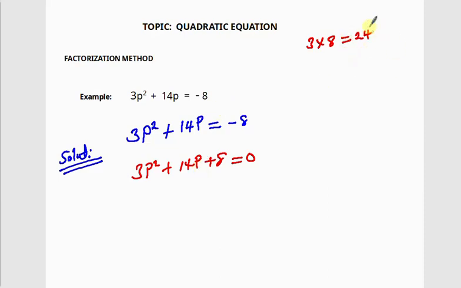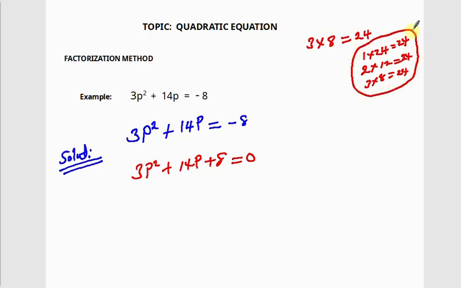Let's look for the products of 24. We have 1 times 24, it will give you 24. You have 2 times 12, it will give you 24. You have 3 times 8, it will give you 24. These are the products of 24.